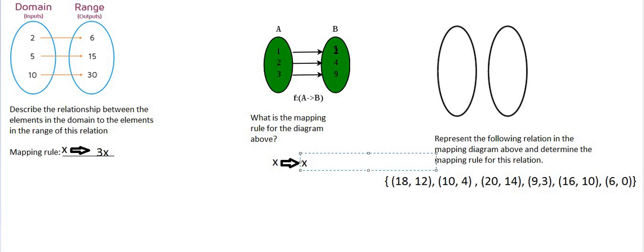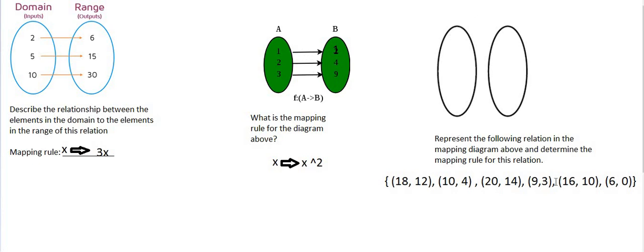I'm just going to use that to represent squared. And that's our relation. Now, with this one, it's not really in the mapping diagram as yet. We're going to have to put it in the mapping diagram first, and then figure out the mapping rule. Or if it's easier for you to figure out the mapping rule while it's written in roster form like this, it doesn't matter, as long as we figure out the pattern.